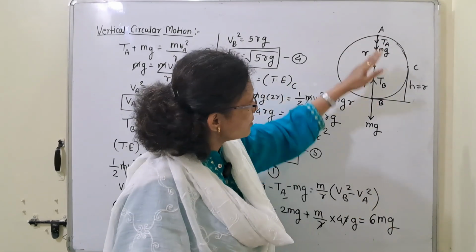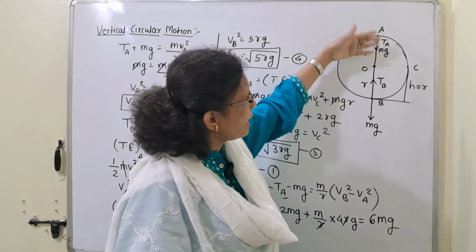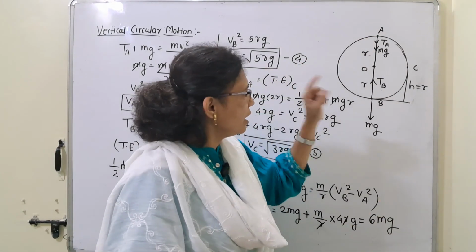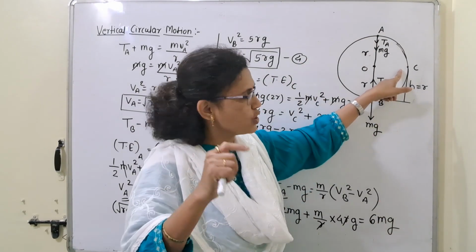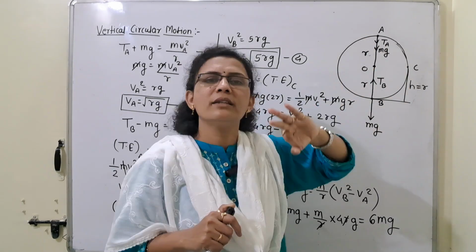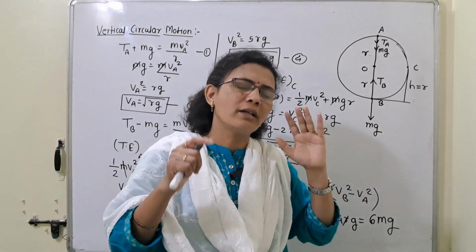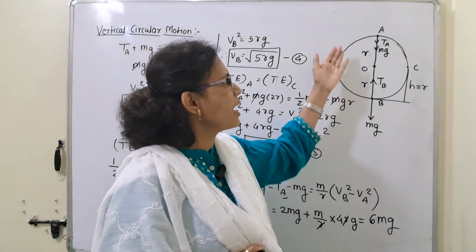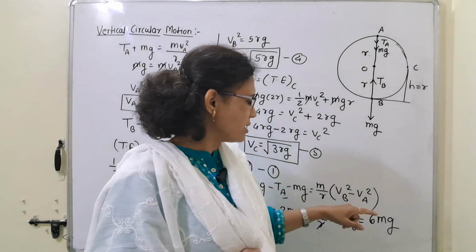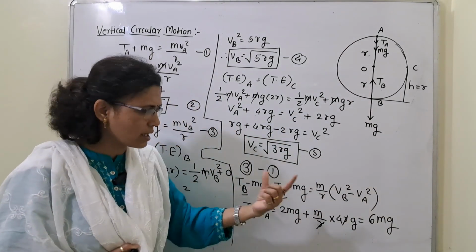The tension difference for this full part, that is TB minus TA, is 6mg. Then TB minus TC will be 3mg, and TC minus TA will be 3mg. But definitely they will ask the tension difference between the bottommost and the uppermost point. That is, the tension difference will be 6mg.